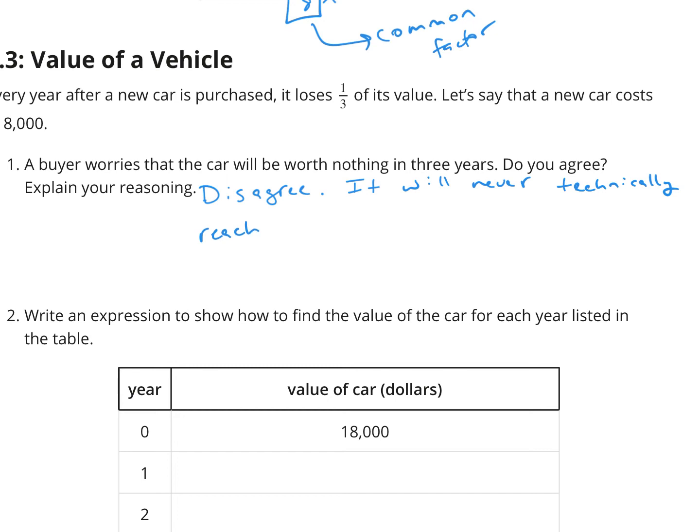Because obviously, a dealership may say, well, I'm not going to give you anything for that car. But technically, if we're using this idea that it's losing 1/3 of its value, it will never technically be worth $0. It may get smaller and smaller and smaller, but it'll never get to 0.